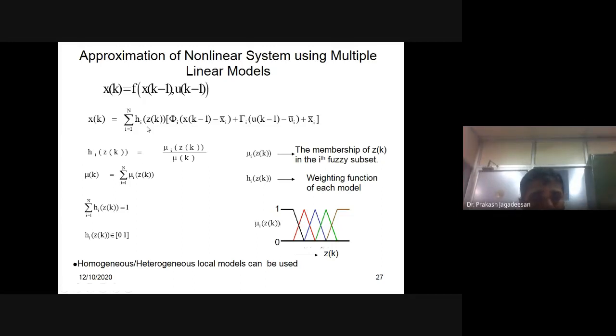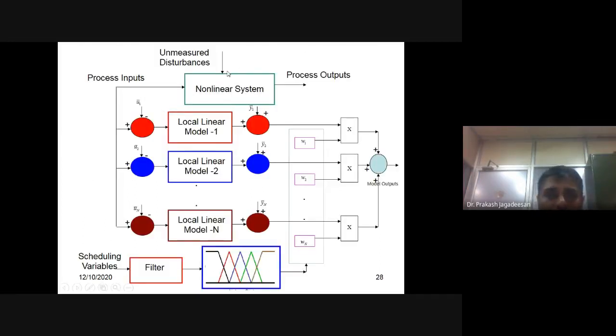We have to assign weights to each and every model, and thereby combine the models. For this one can use a fuzzy membership function or a neural network. Anything can be used, but the example I have chosen here is a fuzzy membership function. Thereby I combine different model outputs, and as a result I can approximate this function f elegantly. The same thing has been depicted here. I want to approximate this nonlinear system.